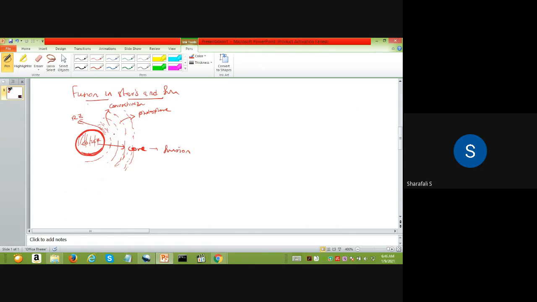Then again that light has to pass to the convective zone, then to the photosphere, then into the corona, and only then does that light come out from the sun and reach the Earth's surface with that much energy.